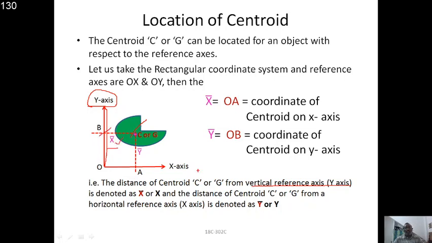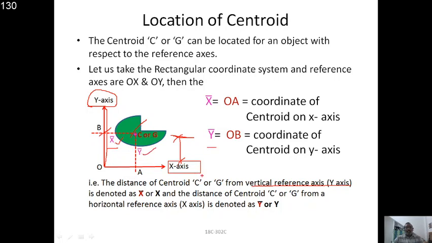If I talk about the x-axis, then it gives the value of y bar. You see here, from the x-axis up to CG, what is the distance? It is y bar only.